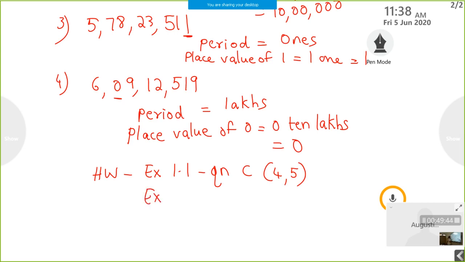Then exercise 1.2, you will get 2 days: questions A full and B 5, 6, 7, 8.